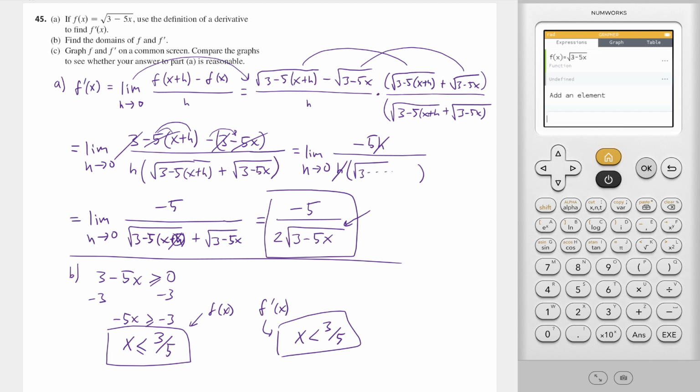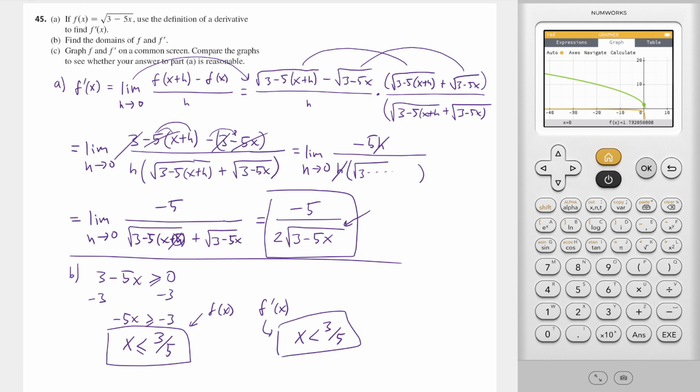And the other one is negative 5 divided by 2 times the square root of 3 minus 5x. Enter. Okay, I think that's what we got. And so let's go ahead and graph these two functions. Let's go ahead and do the auto. And there we have it.